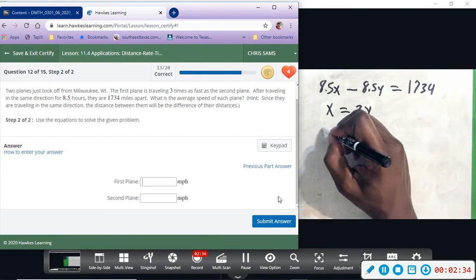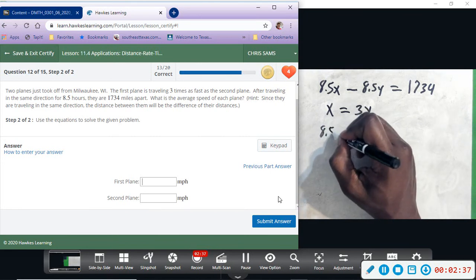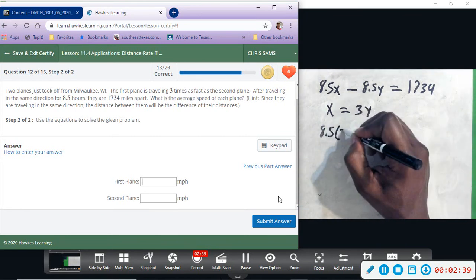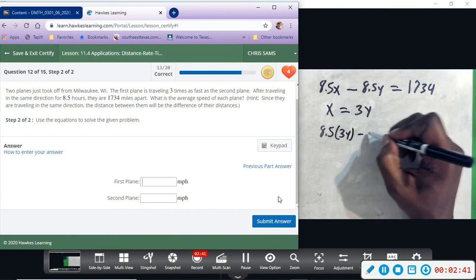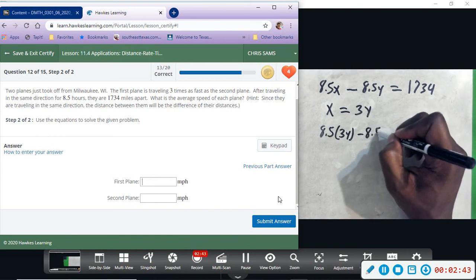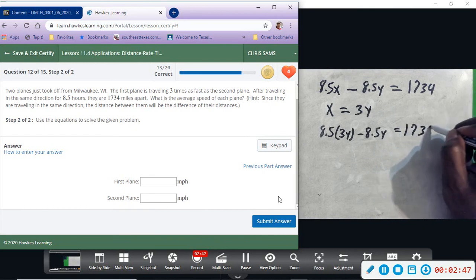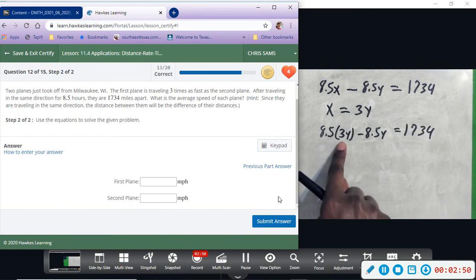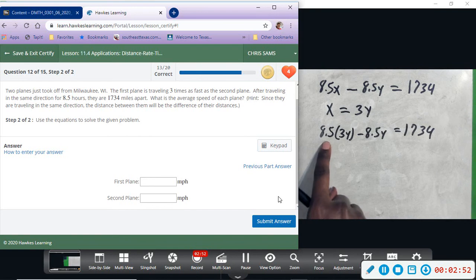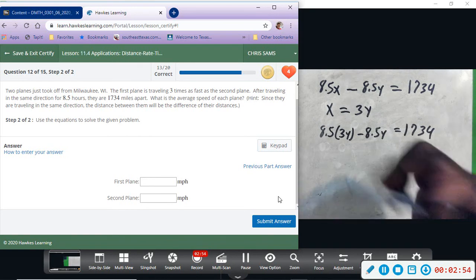So I'm going to have 8.5 times x, which is replaced with 3y, minus 8.5y equals 1734. Alright, 8 times 3 is 24, plus 1.5, 25.5.